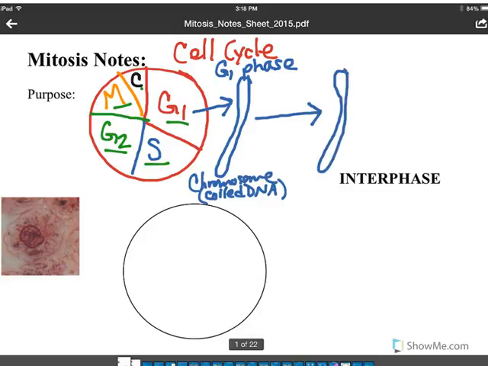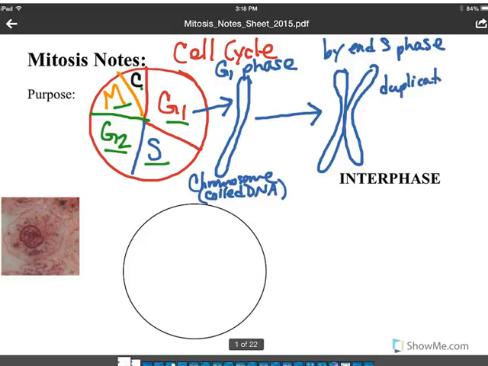So now I've got one set, and now I've got another set of DNA. By the end of the S phase, which stands for DNA synthesis, we've duplicated or copied our DNA or our chromosomes in a sense.